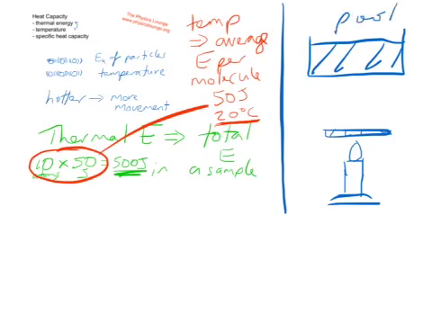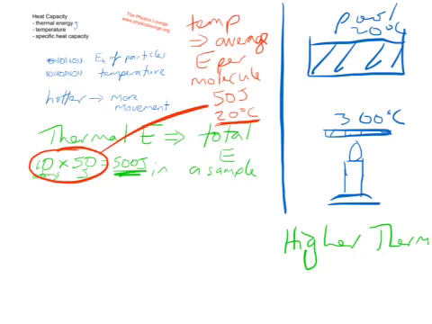Now, this one can get up to 300 degrees Celsius, for instance, but the pool is sitting at 20 degrees Celsius at just air temperature on a nice summer's morning. I'll pose it as a question. Which one has the higher thermal energy, and which one has the higher temperature?